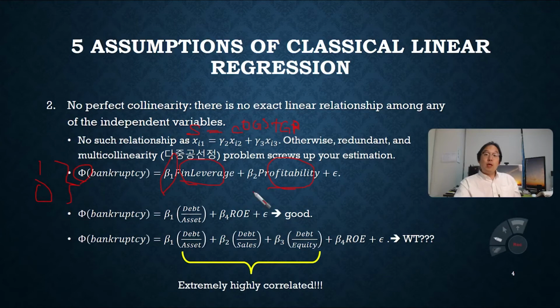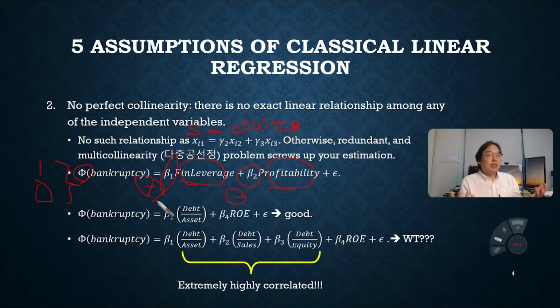So we can pretty much predict that this coefficient for profitability, beta 2, has to be minus. Whereas this one, what did I say? Positive, plus. So that's our prediction based on economic theory.